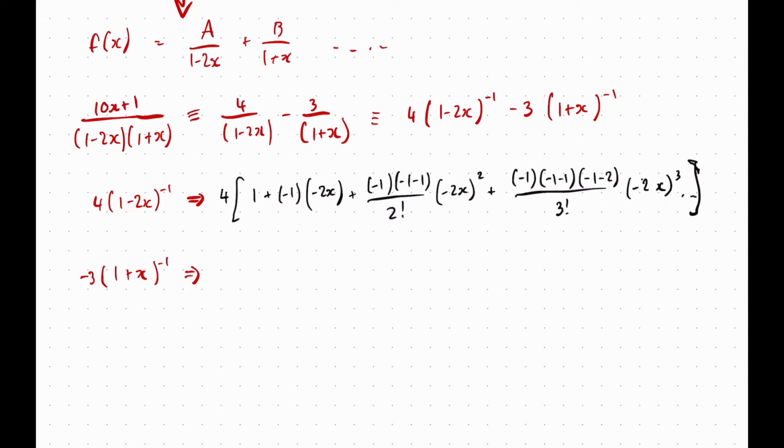The other one: minus 3 times 1 plus minus 1 x plus (minus 1)(minus 1 minus 1) over 2 factorial x squared.